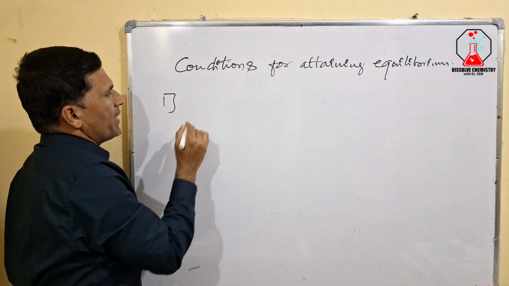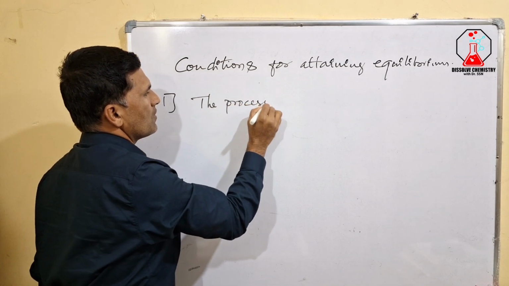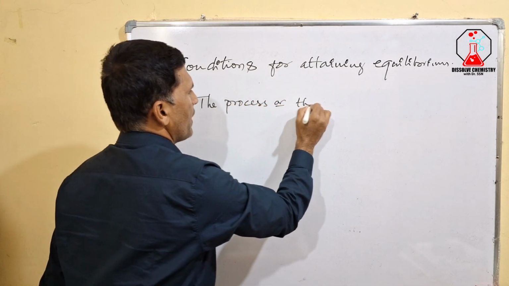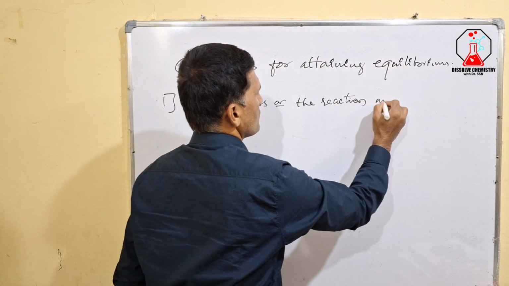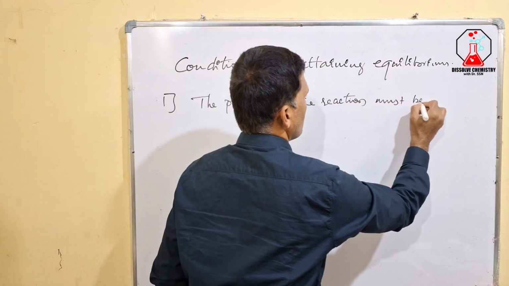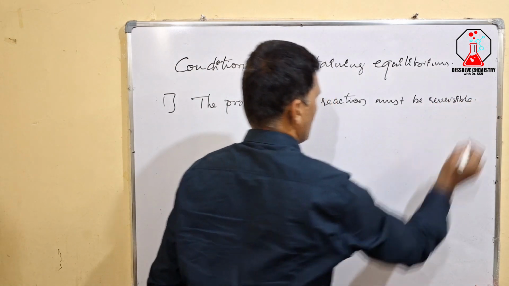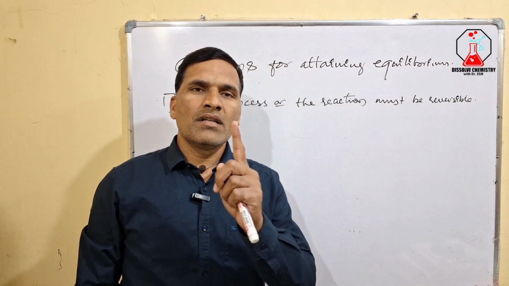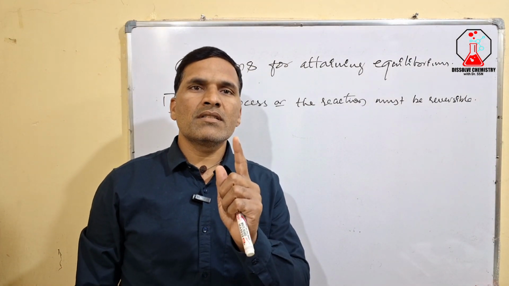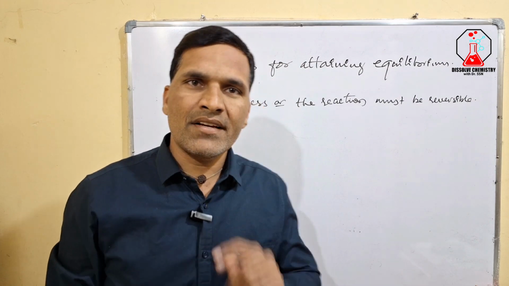The important point is that the process or the reaction must be reversible. What do you mean by this? The reaction or the process must have a tendency to occur in either direction.